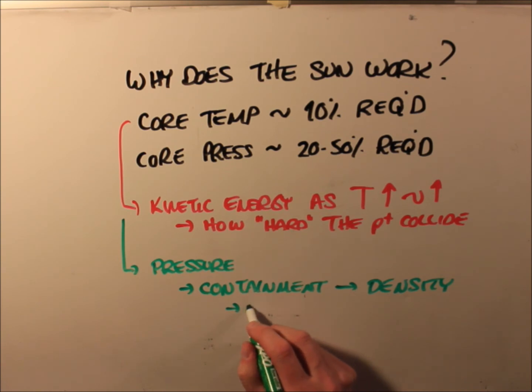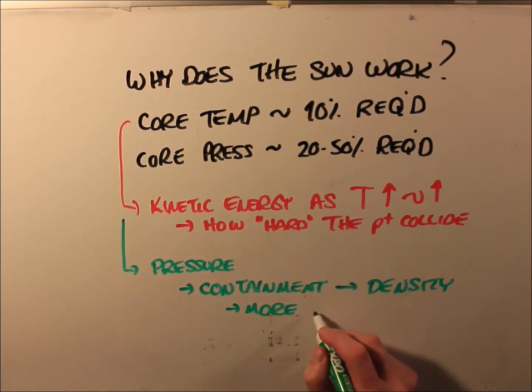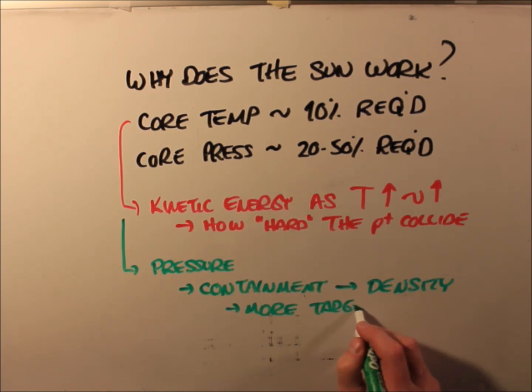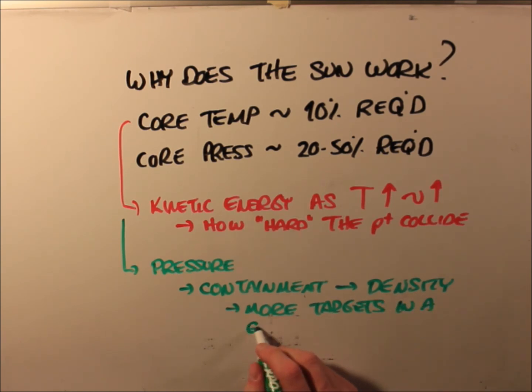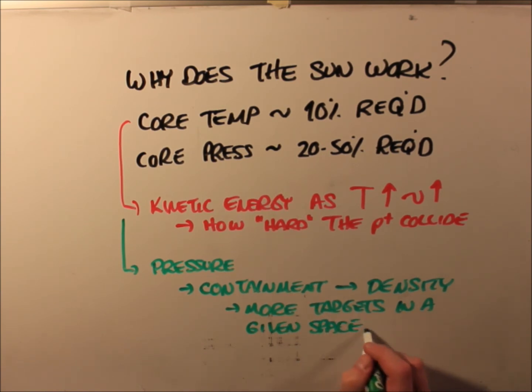So this gives us more targets in a given space. Now, if you combine these two, if it's fair to do so, we're looking at probabilities of the hydrogen combining to form helium based on the non-quantum version of maybe only 1 or 2%. Now, that's what I'd say wouldn't happen, but it's not going to happen very often.